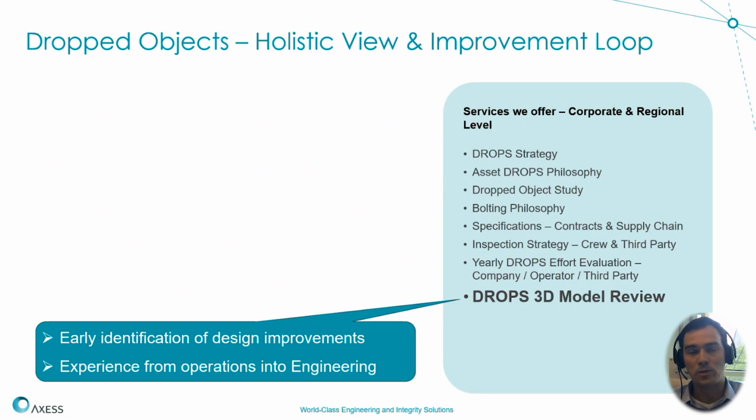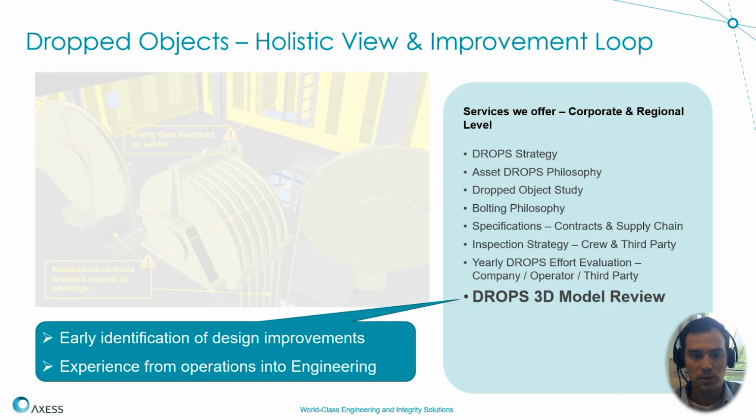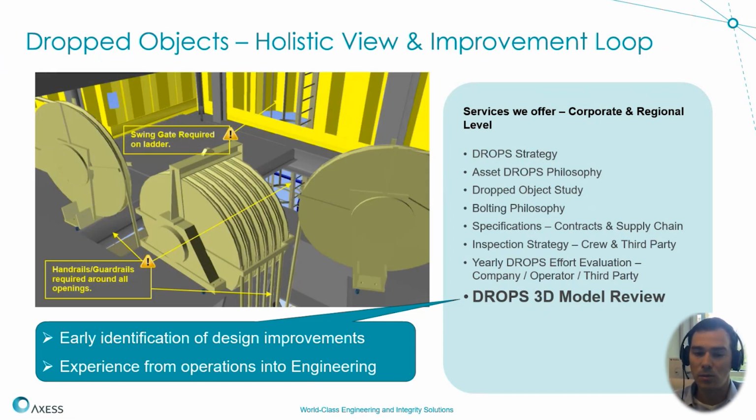So this is a way to identify systematic errors that we've identified in operation, repetitive types of findings, and how we can implement the hierarchy of control to ideally eliminate the risk altogether, or at least reduce the potential, or have something more systematic rather than having the same findings over and over again, only found in offshore operations. So here are some examples that we've actually found and suggested to some of the clients.